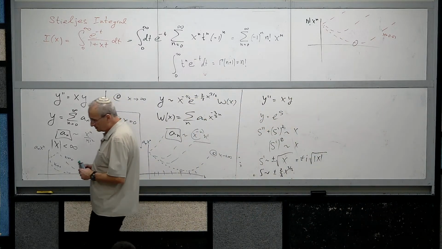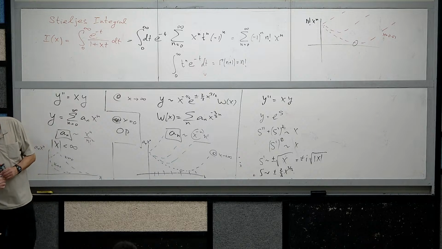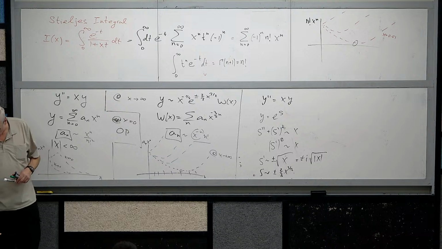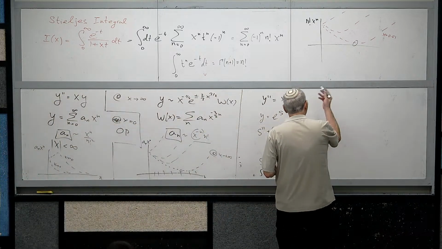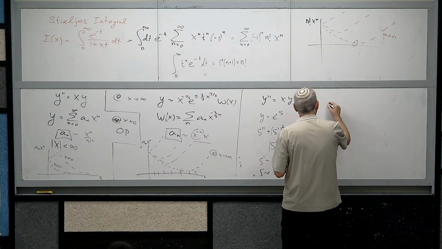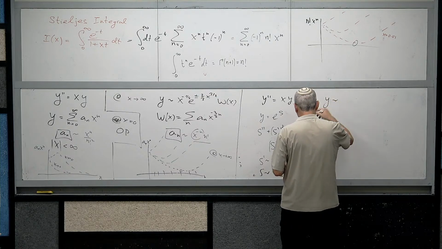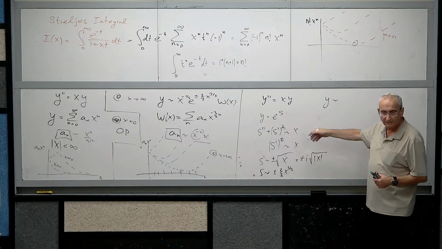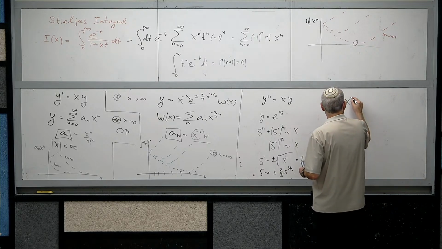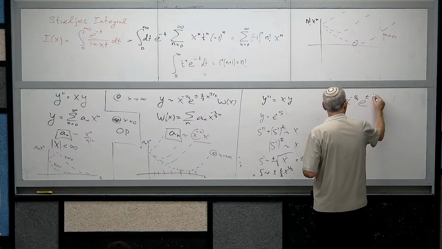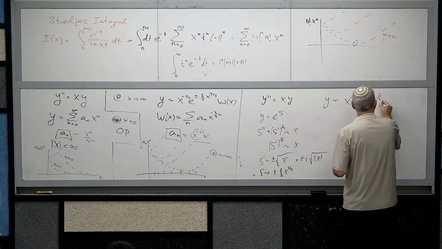It's i, it's 2/3. So essentially what we have here is y is asymptotic to, and by the way, you can continue to the next term, and you find that it will be x to the minus 1/4 times e to the plus minus i times 2/3 x to the 3/2.